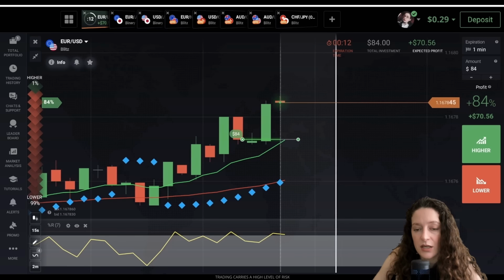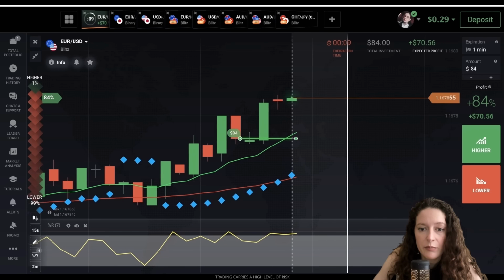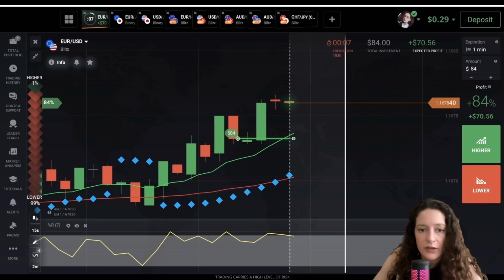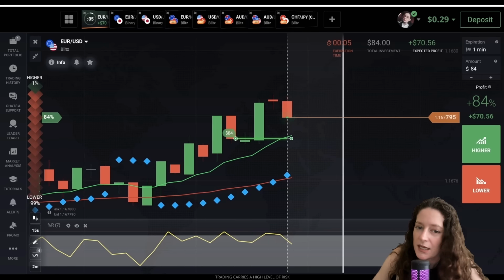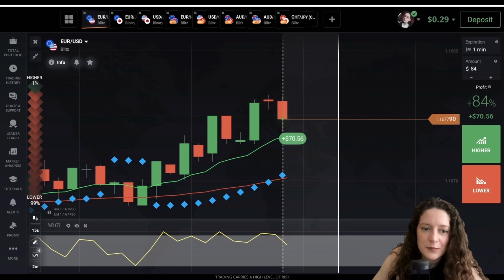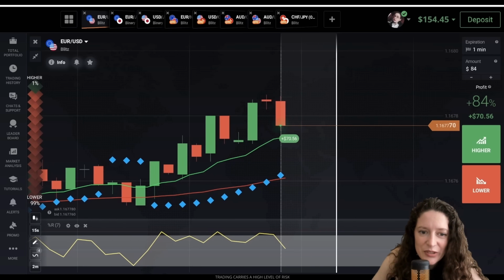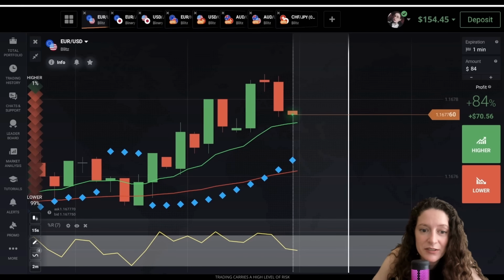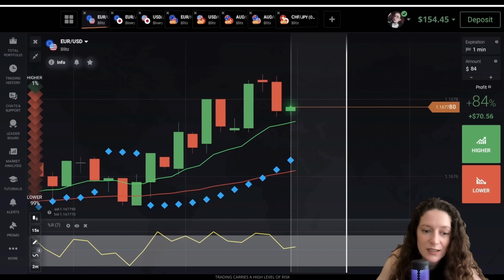And each indicator has its own purpose, and I have been testing all of them for months, and I think I have a great result. I went up to $154, and that's good.